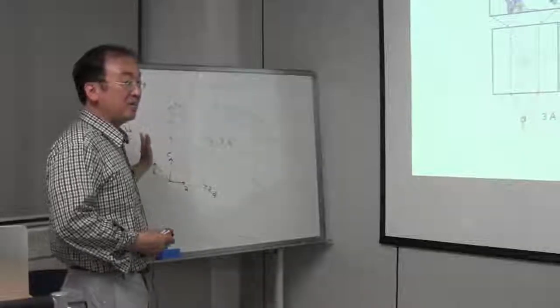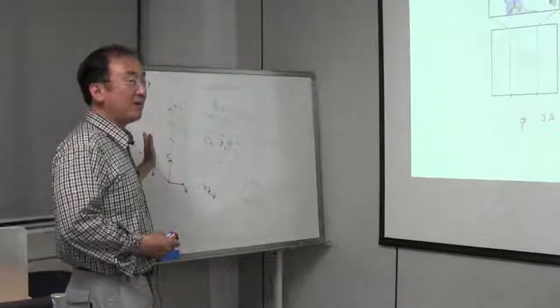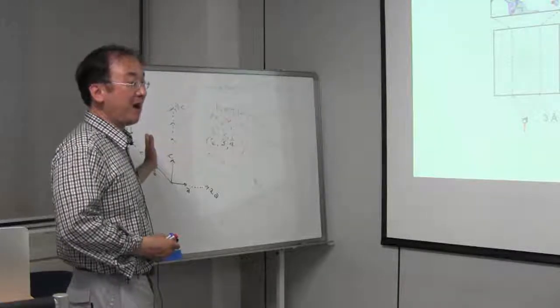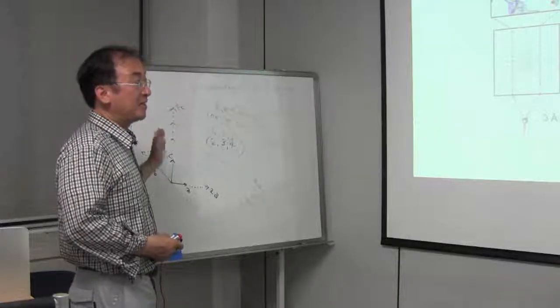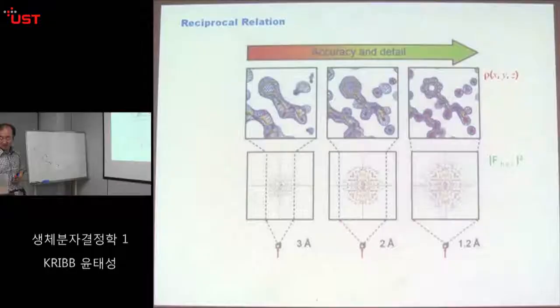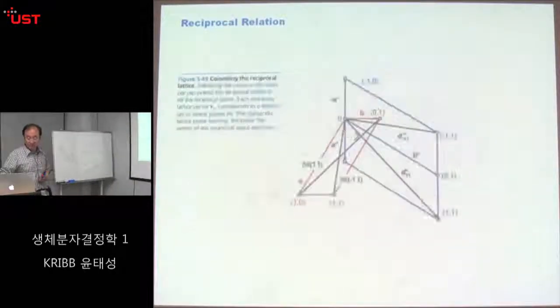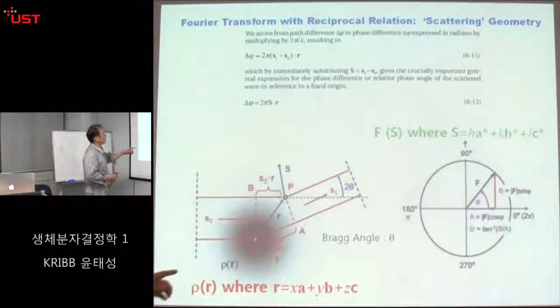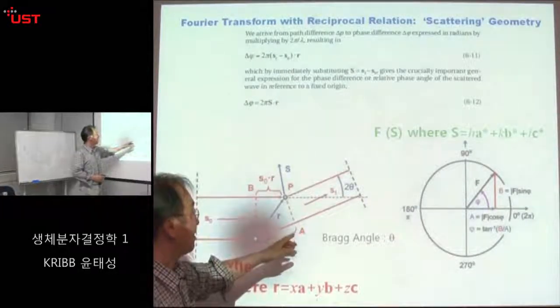That is the trick of Bragg. Father Bragg and son Bragg. Bragg is a family name, B-R-A-G-G. That's the name given to the scattering angle here. Scattering angle. 2 theta is the so-called Bragg angle. Theta is called Bragg angle.